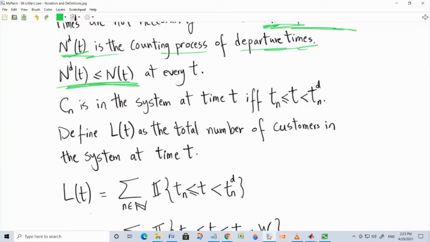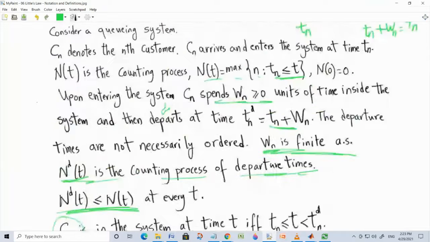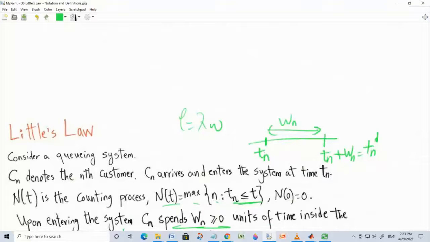So let's talk about the nth customer. When is the nth customer in the system? The nth customer will arrive at Tn. The nth customer will depart at Tn plus Wn, which is Tn superscript d.